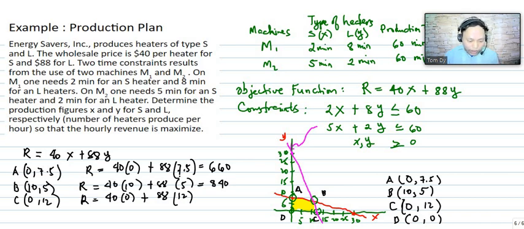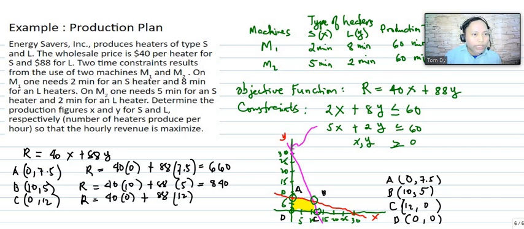Using a calculator, 88 times 12. Sorry for this one. I think C here is x. Our x is supposed to be 12 and then y is equal to 0.